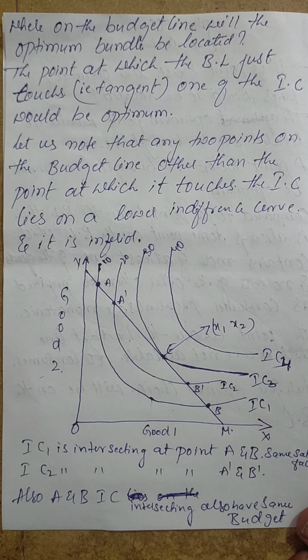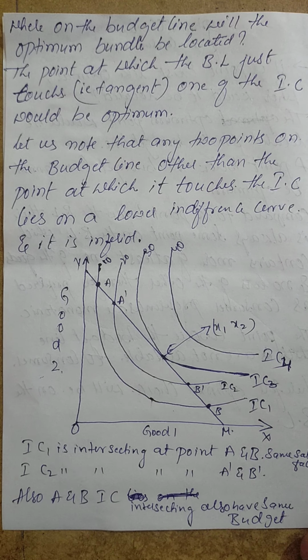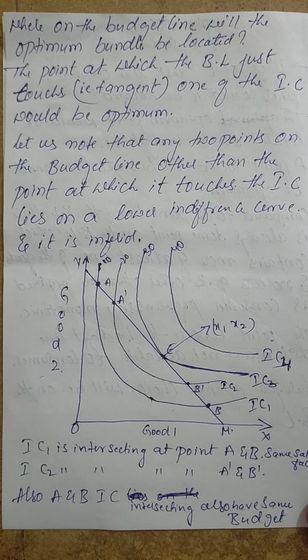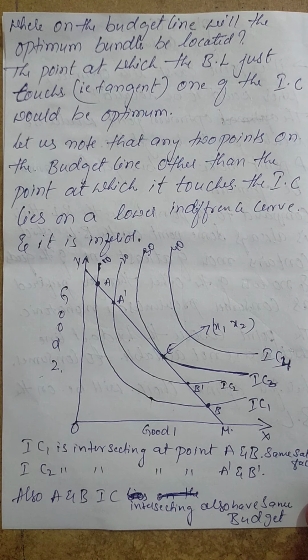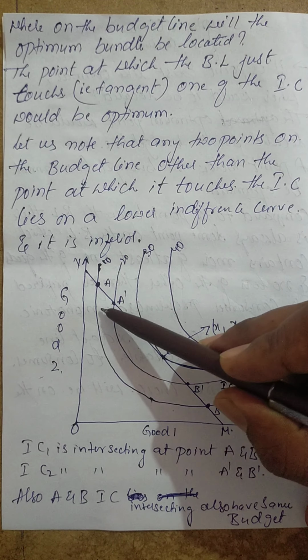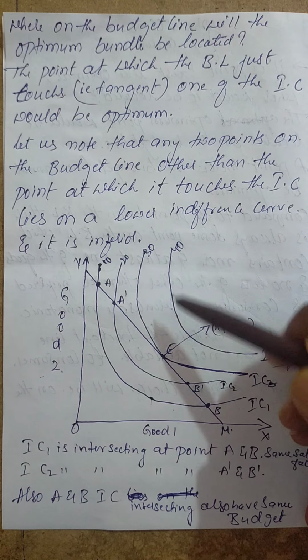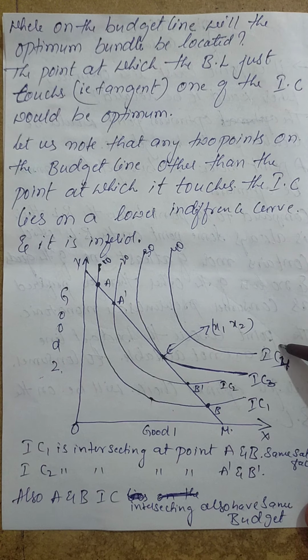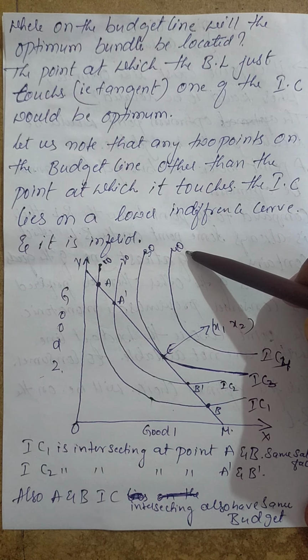As a rational customer in the economy, we always try to have the maximum level of satisfaction for the amount of goods we are going to purchase. A higher indifference curve gives a higher level of satisfaction, which we saw in the past session. So a rational consumer is going to opt for this one, because it gives a higher level of satisfaction.